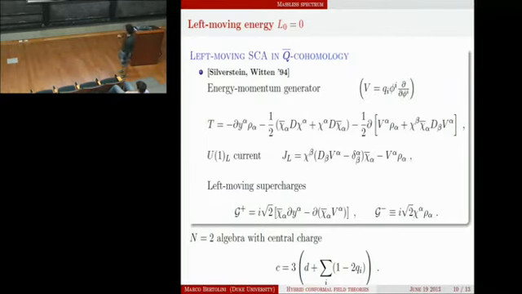I wrote down the entire algebra here, but the main point is that we have a well-defined left-moving energy operator, as well as a U1L operator.